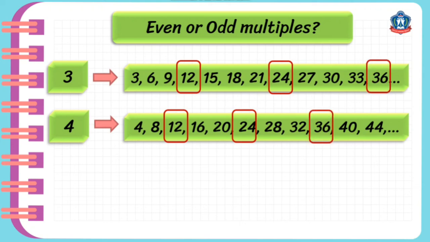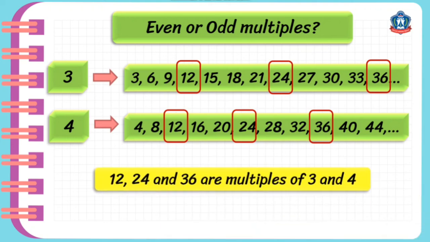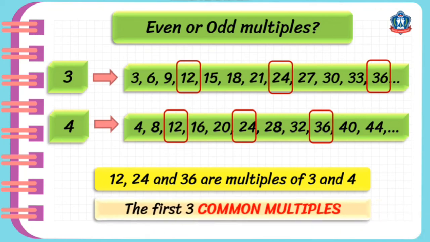Yes, we have 36. So these three numbers, 12, 24, and 36, are both multiples of 3 and 4. And they are what we call common multiples. So the first 3 common multiples of 3 and 4 are 12, 24, and 36.